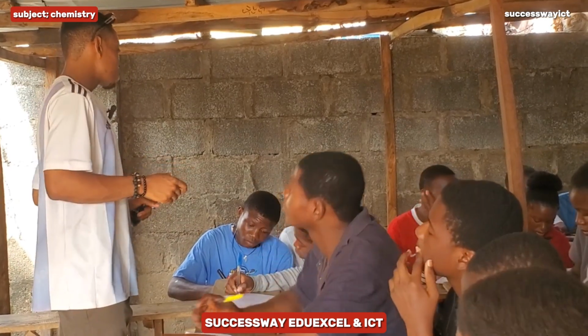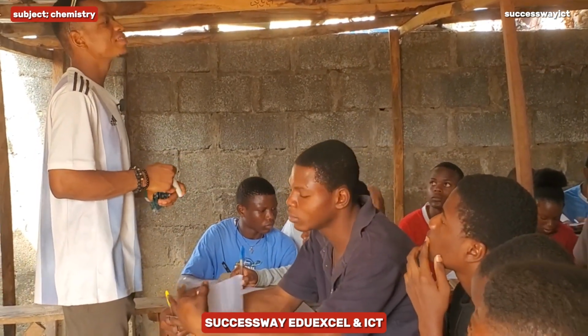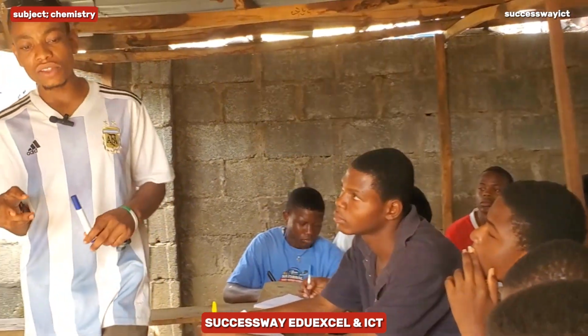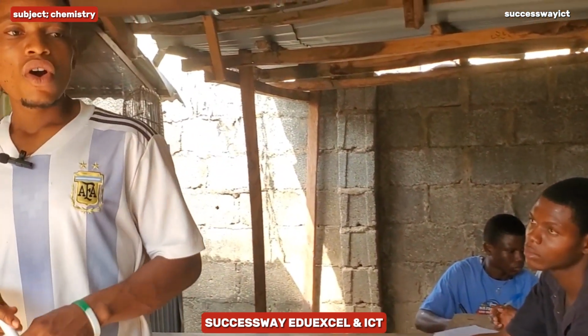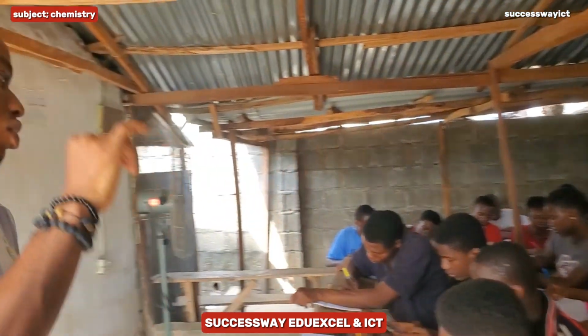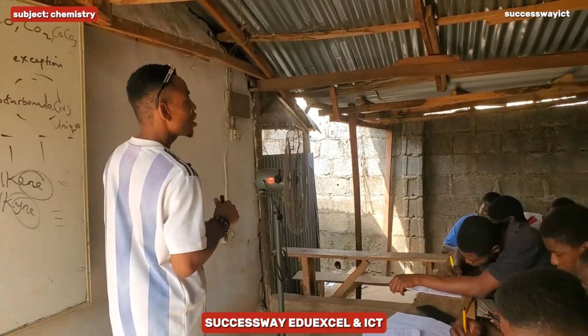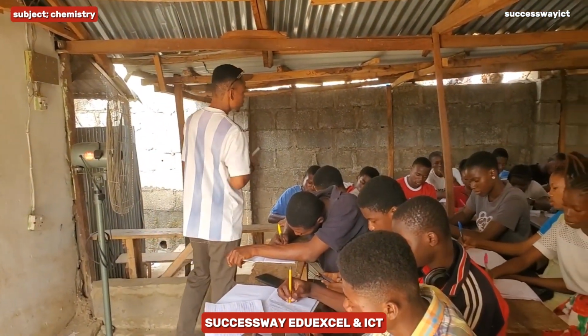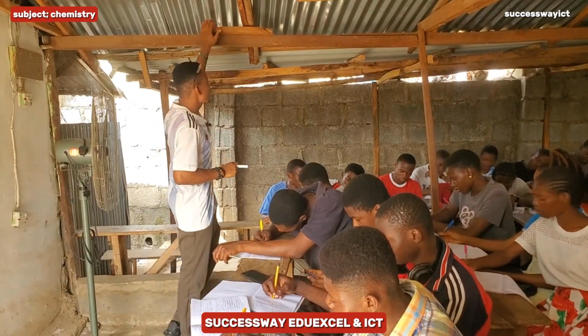Which are what? Aliphatic and what? So what did I say now? Organic chemistry can be classified into two major types. Take note.